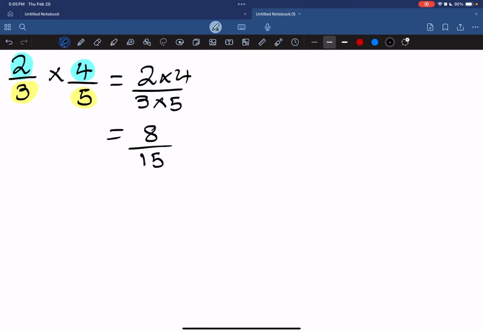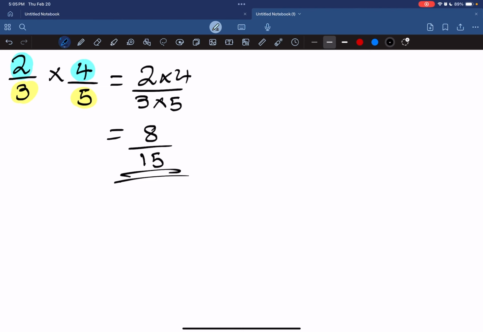Not all fractions can be reduced, because once 1 alone can go into the fraction, that means it cannot be reduced. The only common number that can go into 8 and 15 is 1. So this would be our answer.